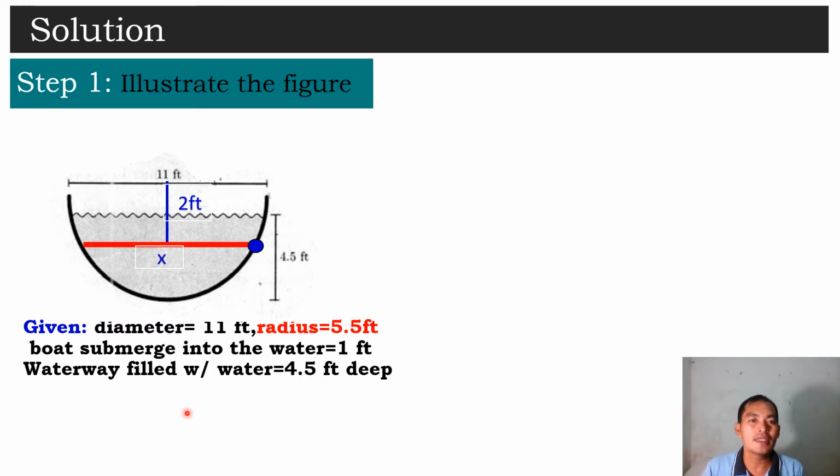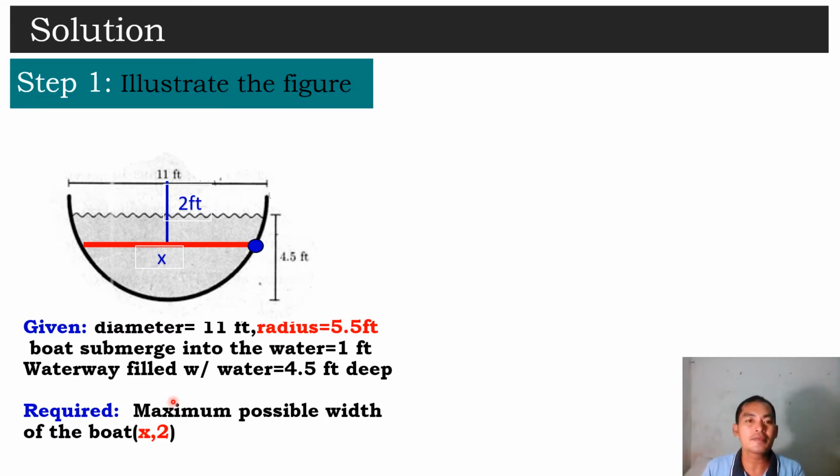Okay. Now, the question is, what is the maximum possible width of the boat? So, 3.5 na siya kasi bumaba na yung boat ng 1. Assuming semicircle yan. So, from the center of that circle, that is 5.5 minus 3.5, kasi bababa pa yung boat ng isang feet.